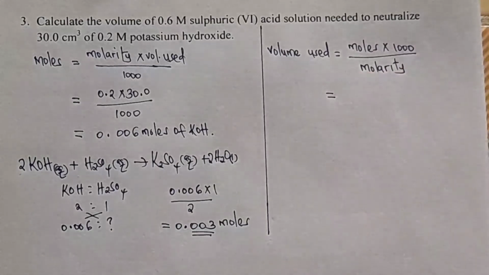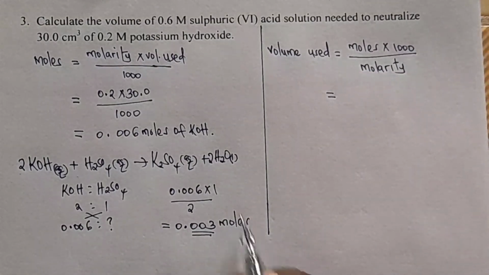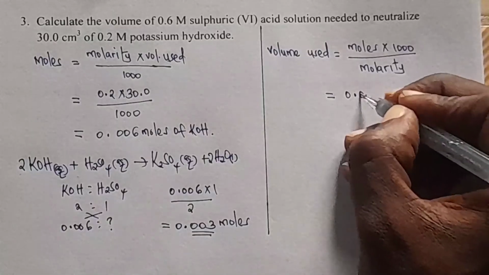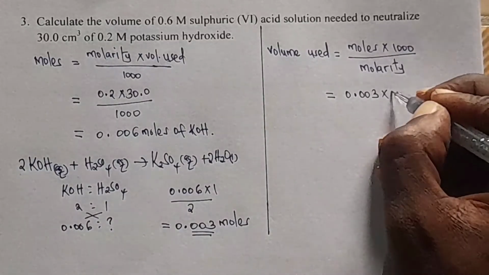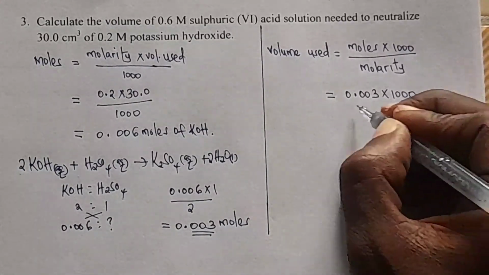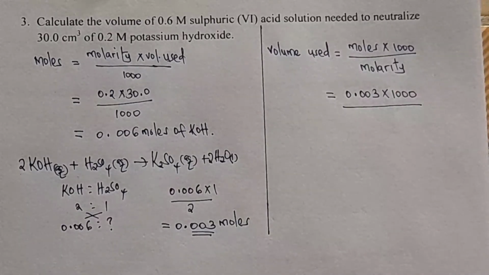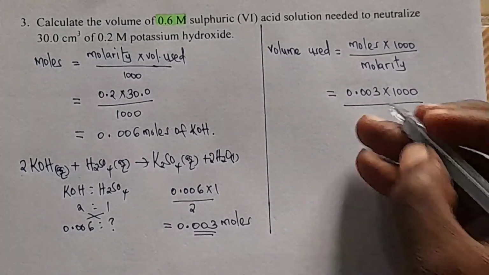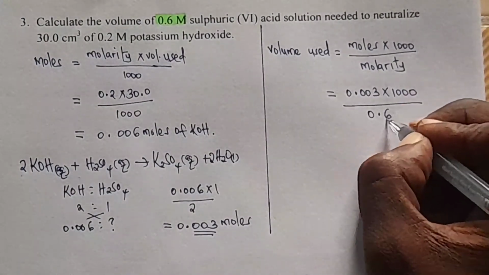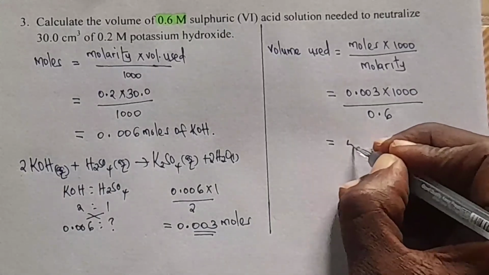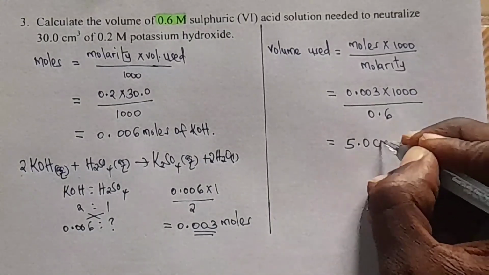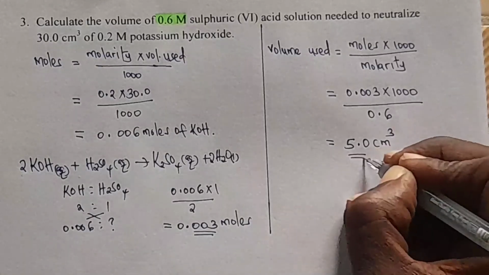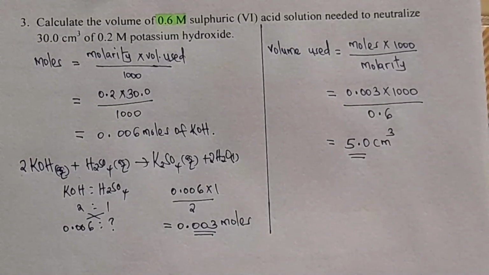This will be equal to the number of moles of sulfuric acid, which is 0.003, multiplied by 1000, which is in the formula, divided by the molarity of sulfuric acid, which is 0.6. Here we are going to get a volume of 5.0 centimeter cube, which is the volume of dilute sulfuric acid. That's the end.